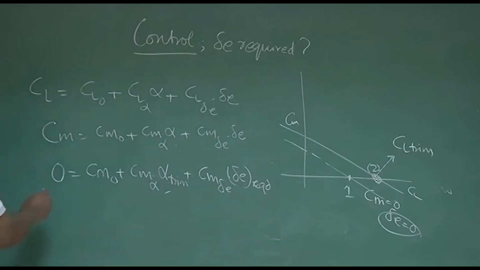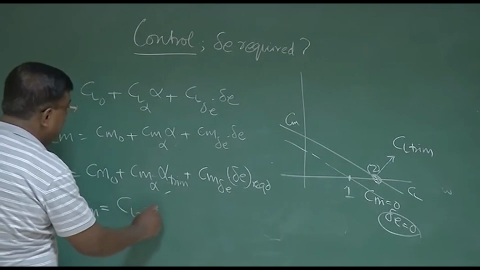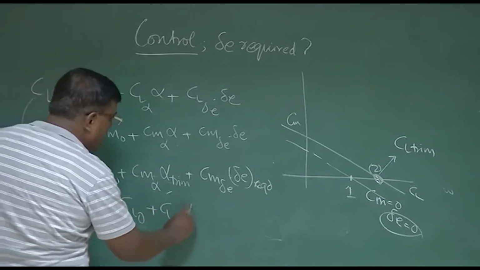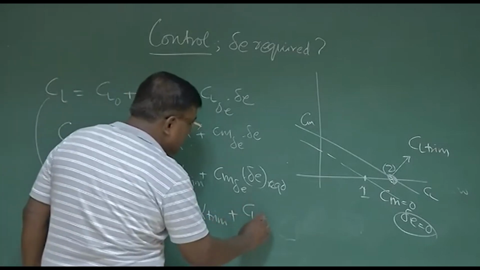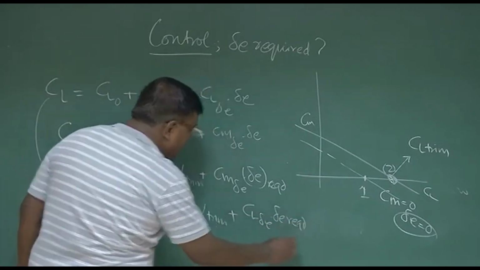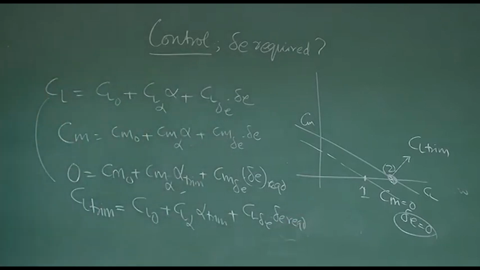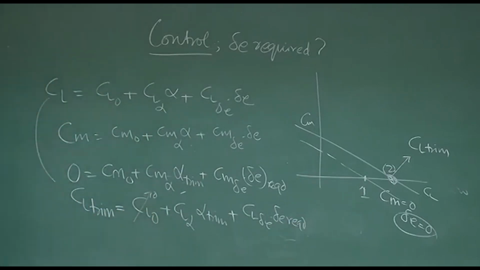If I revisit CL, the CL will now become CL trim, equal to CL naught plus CL alpha into alpha trim plus CL delta E into delta E required, right? For simplicity, let us assume that this value is 0. You can always use this value and write the expression. That's not a big problem.